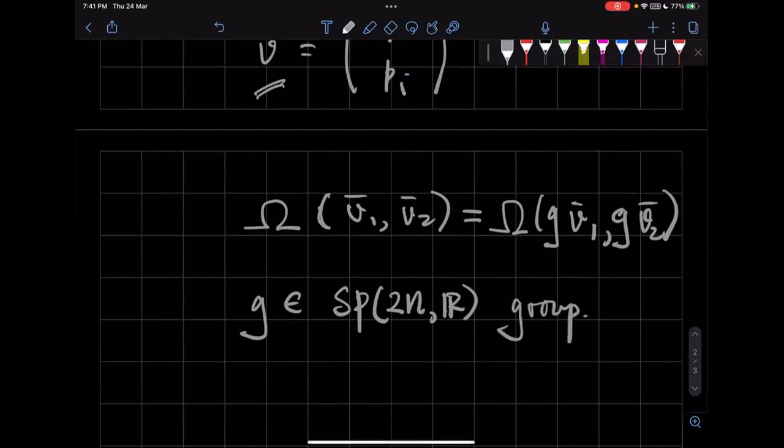Okay, so we did very explicitly Sp(2), where n is 1.